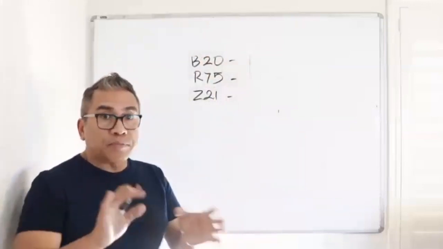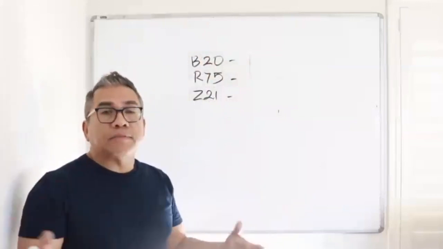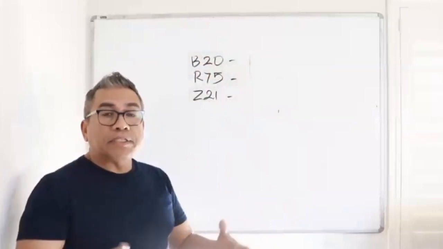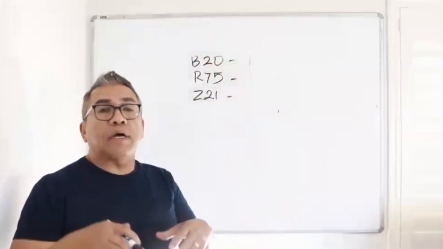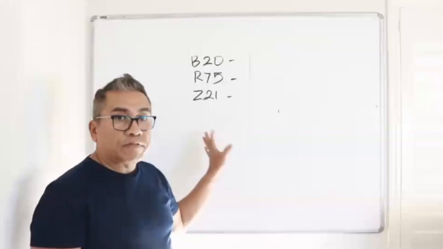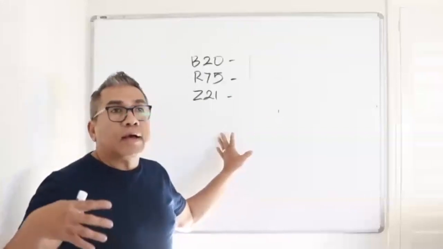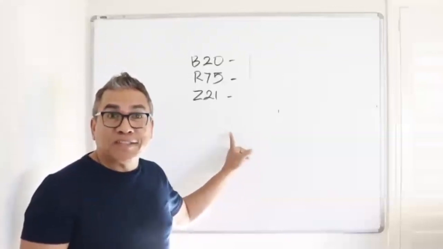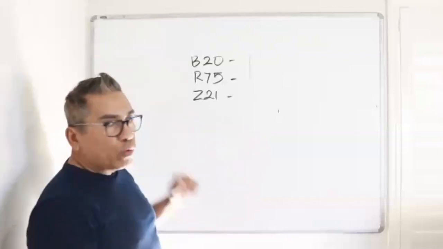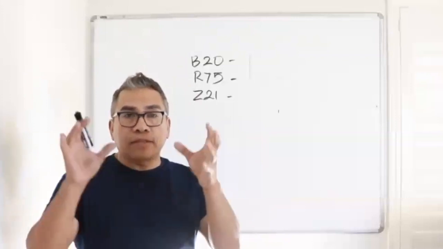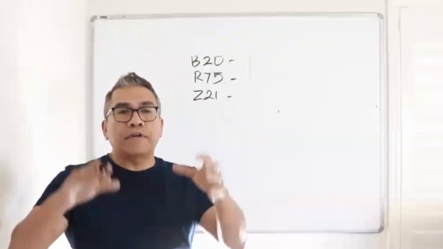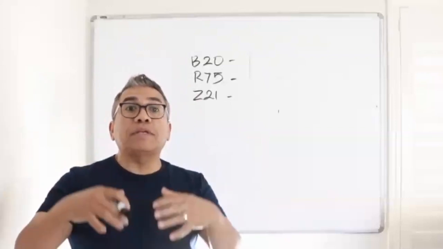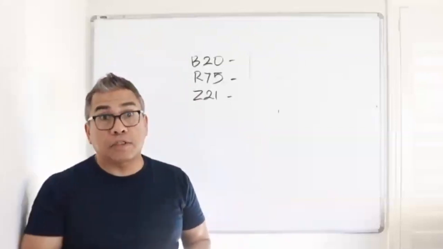This person does not show any signs and symptoms of HIV being active, or did not have any history of hospitalization because of HIV. This is more like a healthier HIV positive person, the Z21. The B20, we now know, is confirmed AIDS, confirmed HIV disease. The patient had a history of hospitalization because of an HIV-related condition.